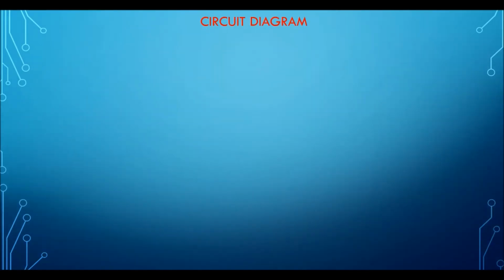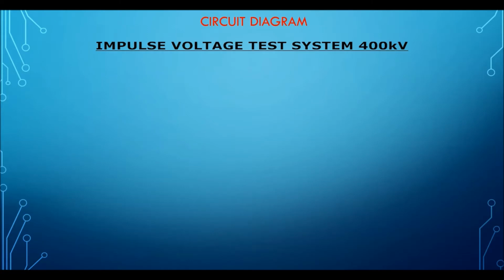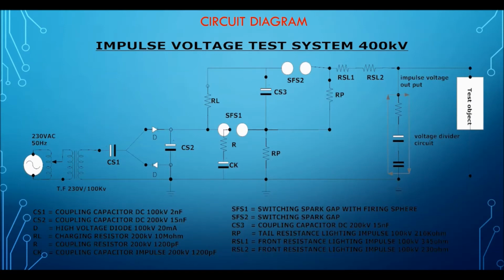Circuit diagram for impulse voltage test system 400 kV. This is the circuit diagram of the impulse test voltage. You can see input is 230 volt AC and this is the output terminal of the impulse generator. Output is 400 kV.